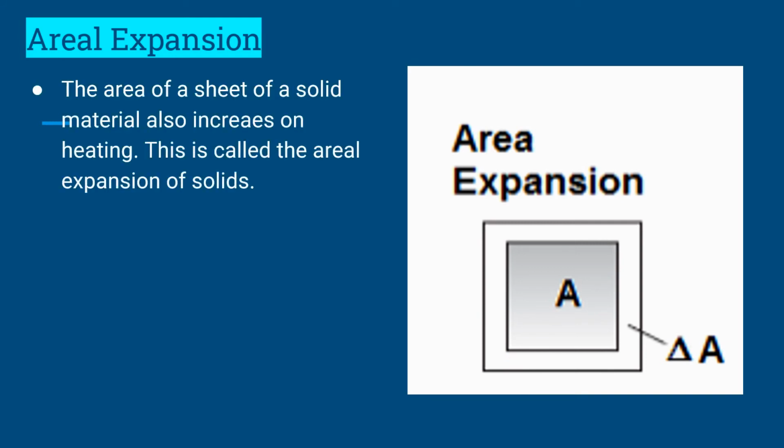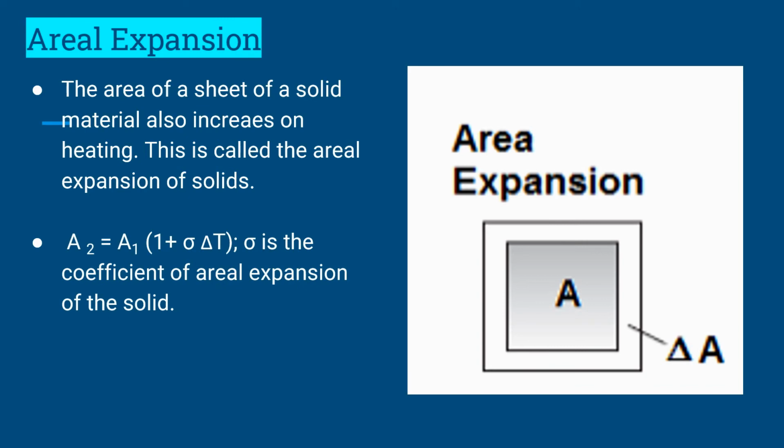So the area of a sheet of solid material also increases on heating, and the formula for it is given as A2 is equal to A1 (1 + σΔT). Now sigma here is again a proportionality constant, and it is also called the coefficient of areal expansion.